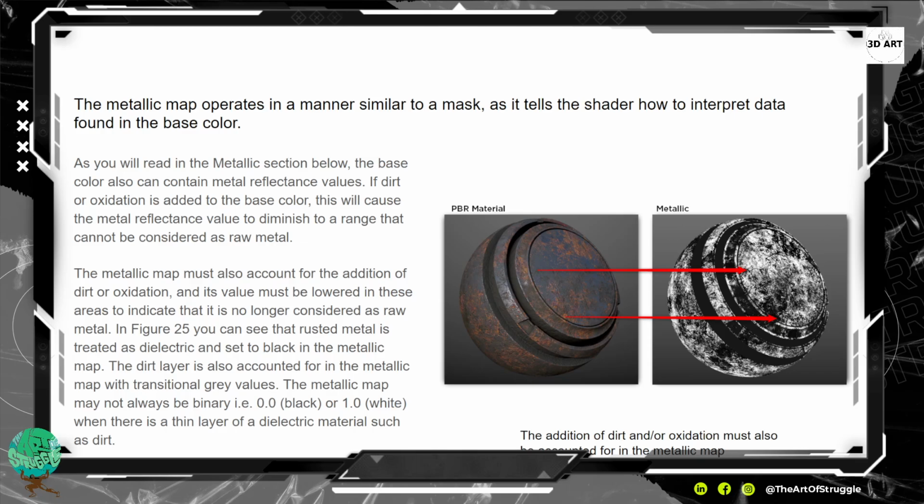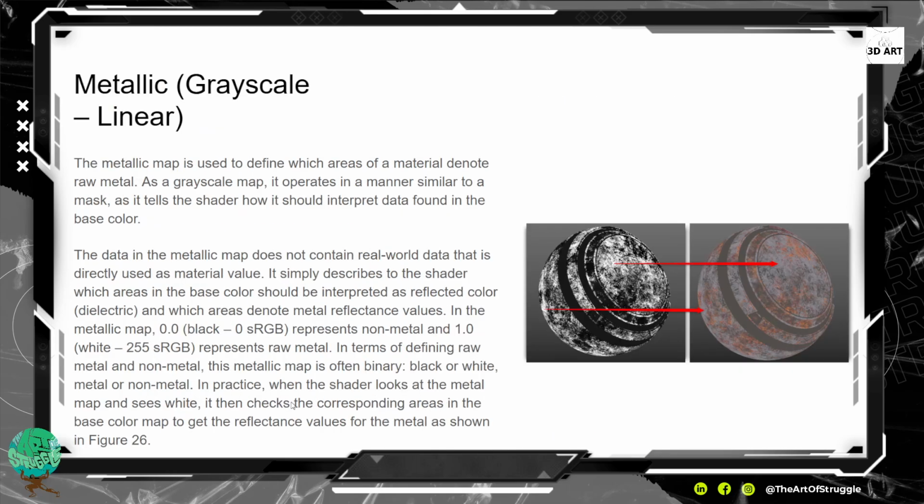So it's kind of in between. Like I said, when you're doing your metallic value, you're going to get a range, right? Black being dielectric, white being bare metal or raw metal, and then gray is in between. You might have a dirt layer, grease layer, and the computer is going to determine, based on this value, whether this is metallic or not. So that's how that works. So metallic, grayscale, and linear.